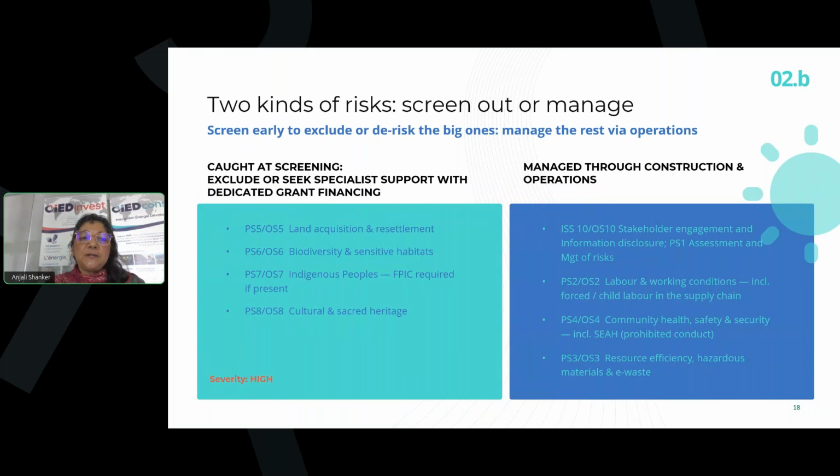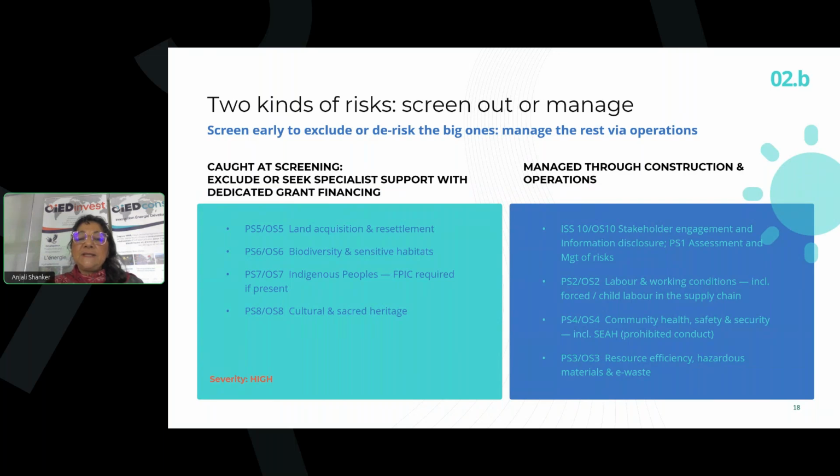The suggestion here is, with strong stakeholder engagement, to make sure that these challenges are identified at the very early screening stage, and that we be realistic, either by excluding them, unfortunately, or by being realistic that specific specialist support would be required.